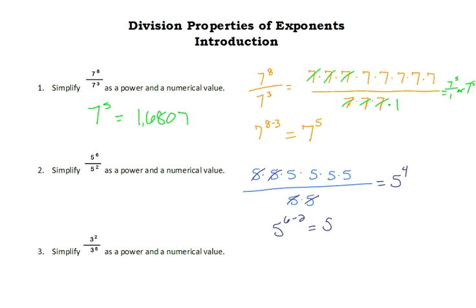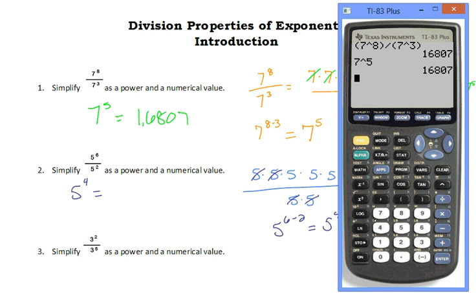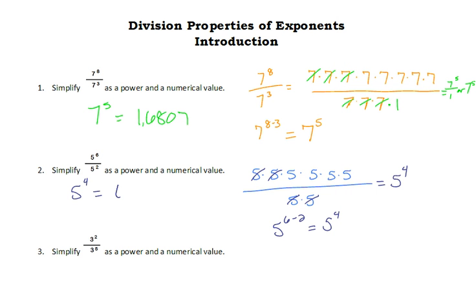Okay, so again, we're starting to realize that when we are dividing powers, we keep the base and subtract the exponents. So we are going to say that this is 5 to the 4th, which equals 625.